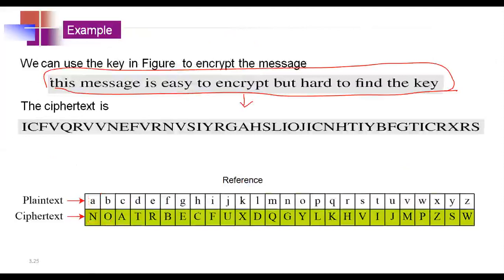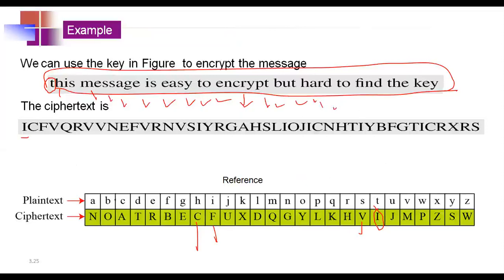Now the first character in the plain text is T. What is the mapping character? I. So T is substituted with I. What is the next character? H. H is substituted by C. The next character is I in the plain text. I is with F. Next is S. S is substituted with V. Like that, for each and every character we have a separate mapping character.